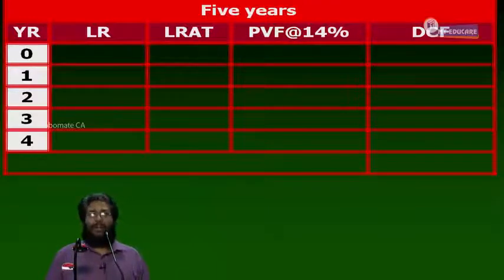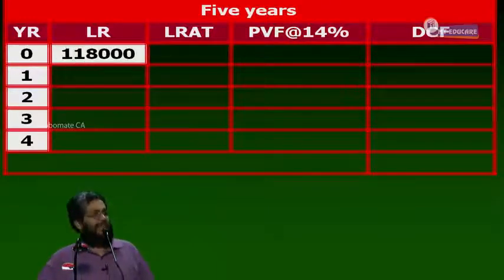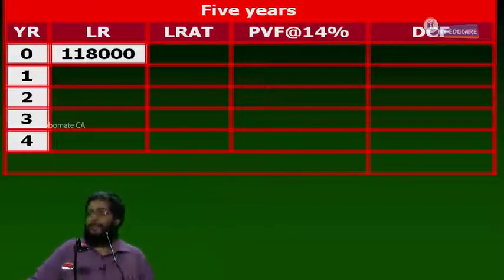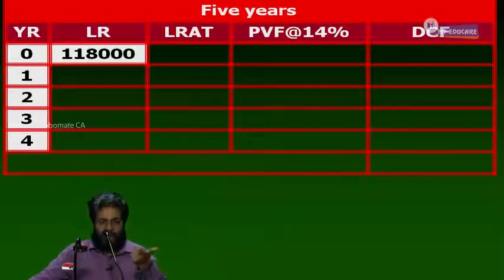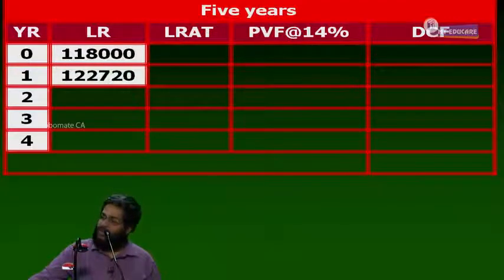Now, first year, how much do I pay as lease rental? 1,18,000, which I pay at the beginning of the first year. Next time, he fixes the same 1,18,000 and increases it. How much percent? 4%. 1,18,000 into 104%: 122,720.